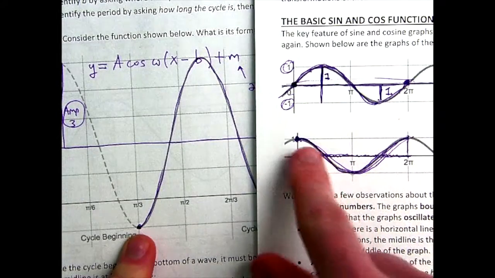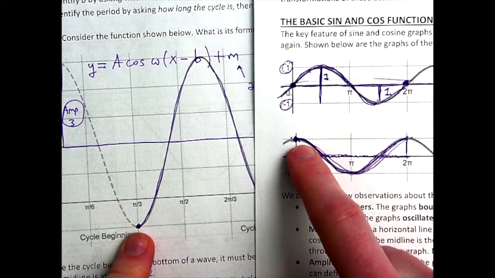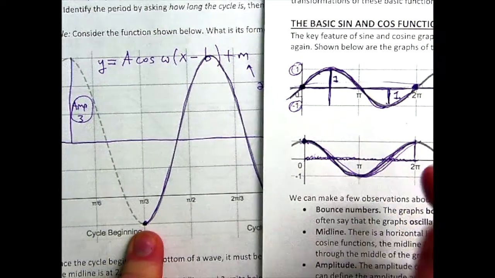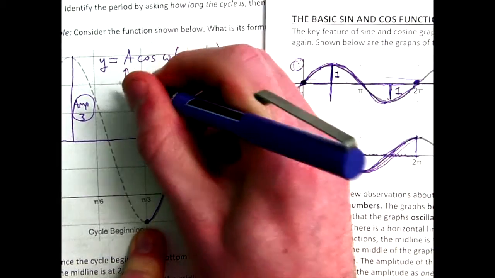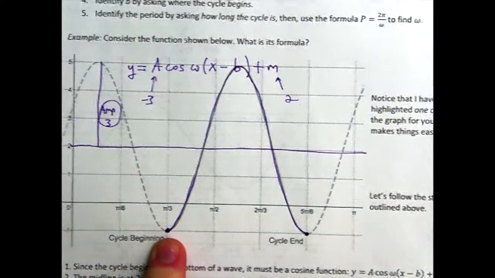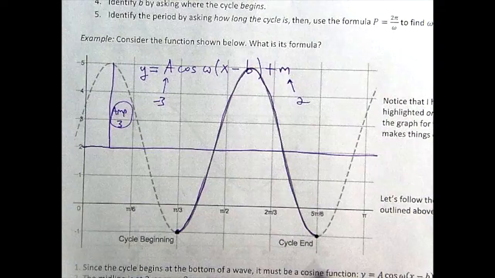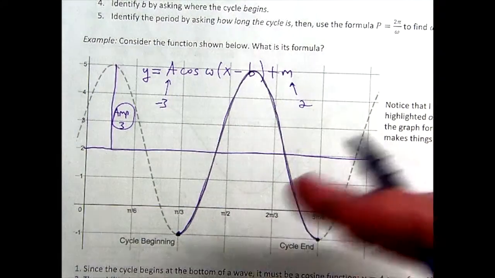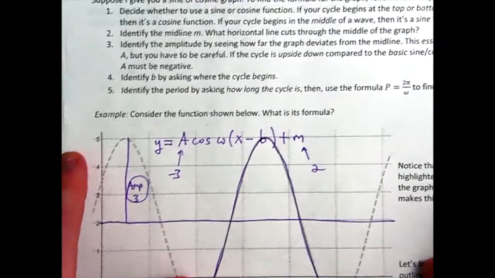That means it's upside down compared to the basic cosine function. Therefore, a must be negative, so a is negative 3. So a is determined by the amplitude, but then you always have to ask yourself, is the graph upside down compared to the basic cosine graph?